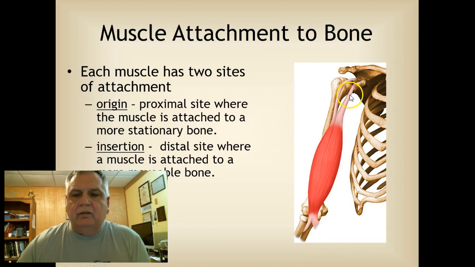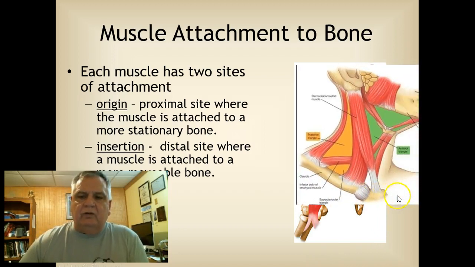So here in this bicep muscle, we can see that the origin is both proximally located on the limb and attached to the more stationary bone. And the insertion is located here distally on the radius and ulna, but also the radius and ulna are much more movable bones. But let's take a look at a second scenario.